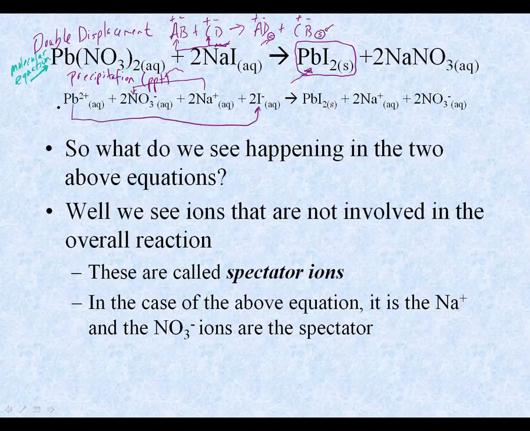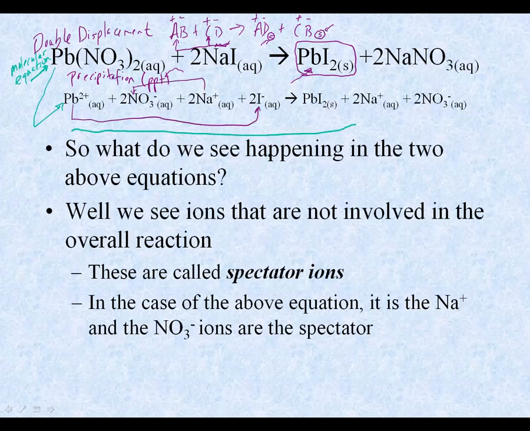But in solution, as we talked about, because these guys are ions, when they are in solution, they will essentially break apart into their ions. And we could write another equation like what we see up here. And I think we did last time at the very end there, this equation here, where we break apart everything into their ions.